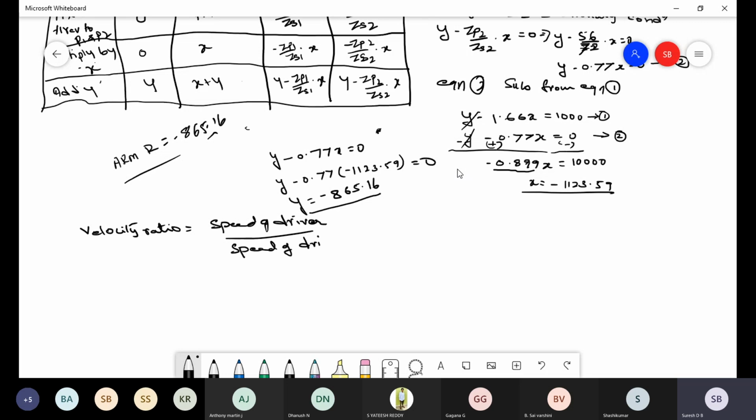Here the driving shaft is the first shaft and the driven shaft is the output shaft, the second shaft.